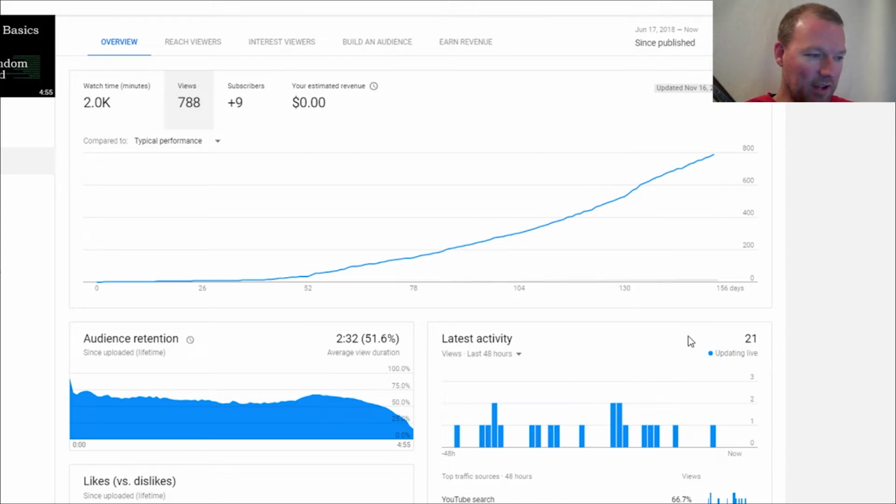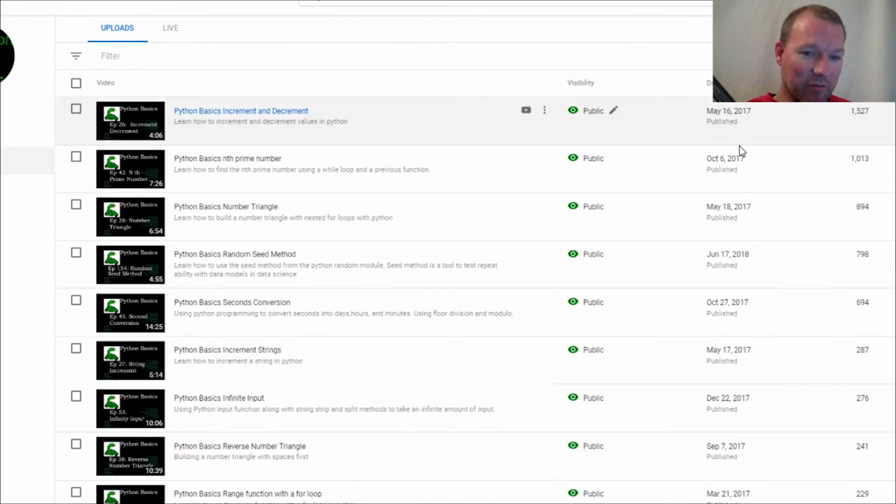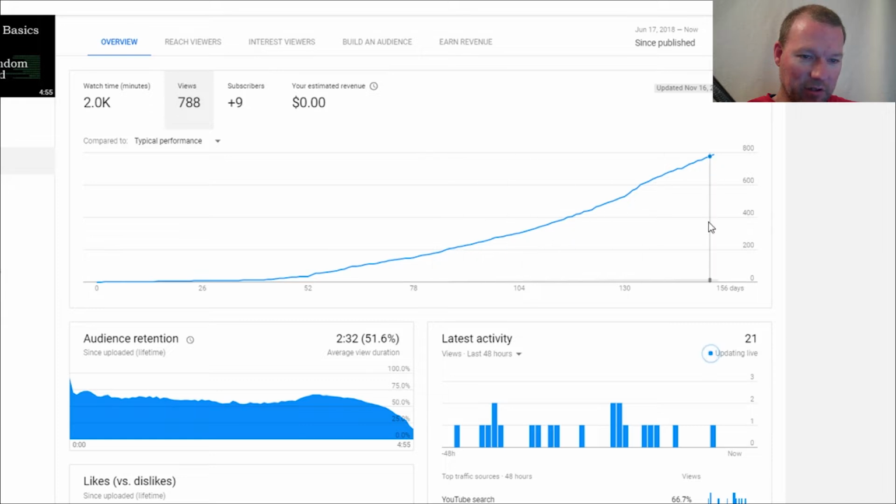This is a 48-hour chart, showing how many views I've had in the past 48 hours. So I think random seed method is going to overtake number triangle, even though it is much older, and I think it will because it has a much steeper curve.